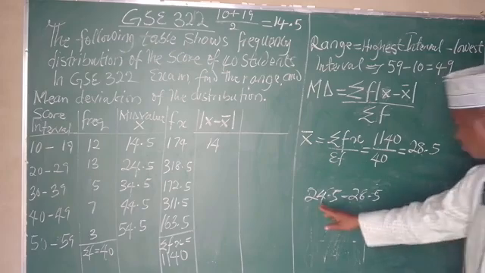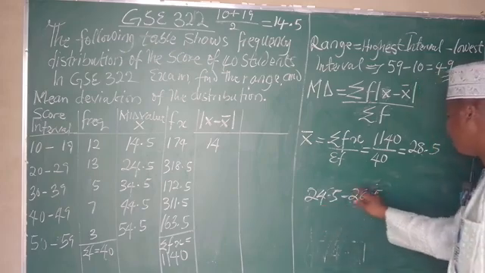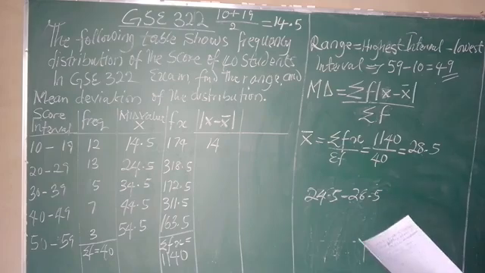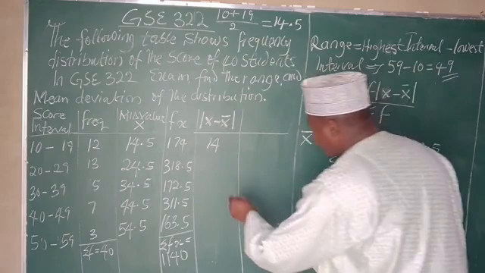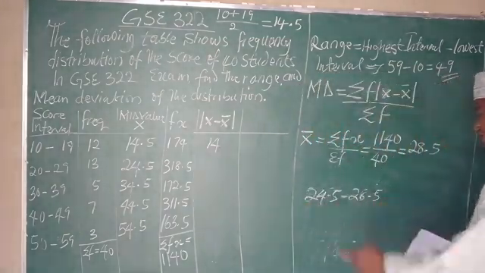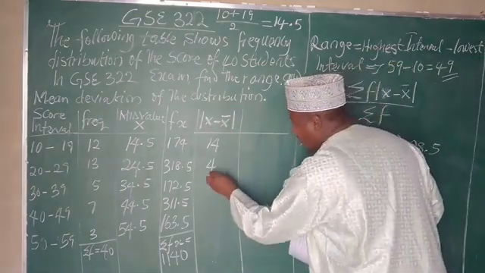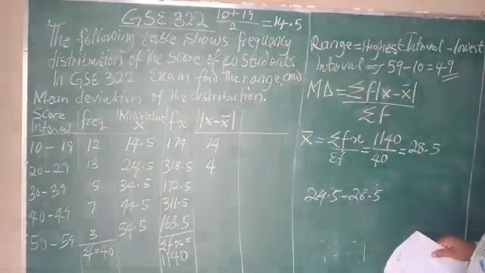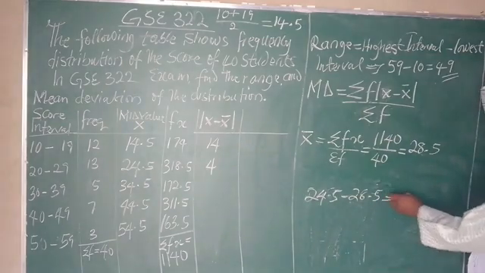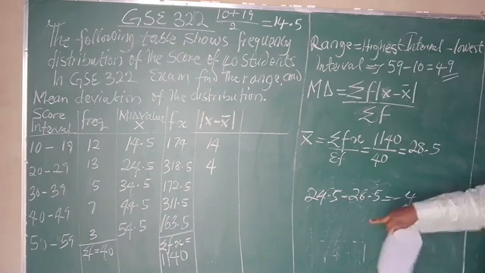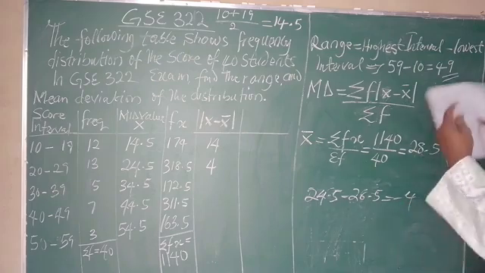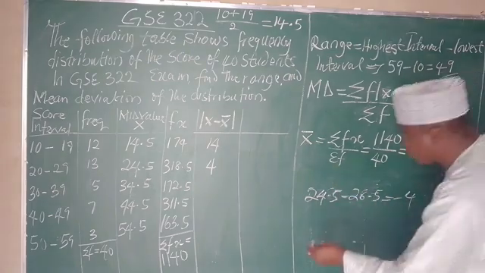When we subtract 28.5 from 24.5, we are going to get 4. Of course, the result is going to be negative 4, but because of the absolute value, we have 4. Then the third one is going to be what?